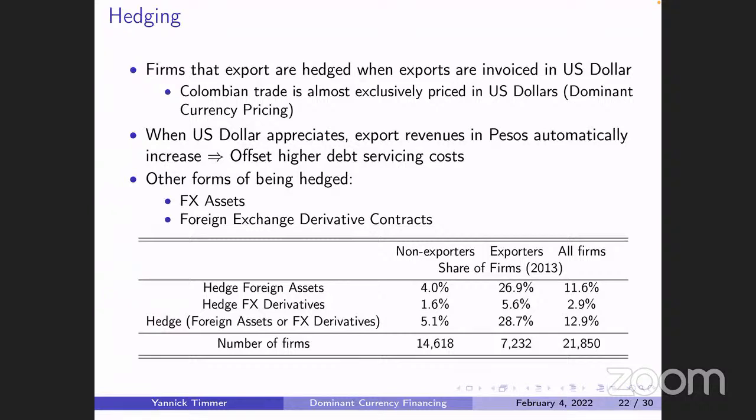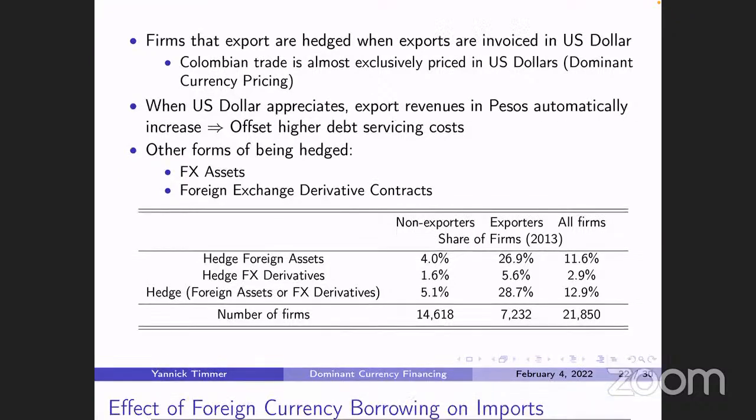For example, you see that 26% of all exporters have foreign assets, while only 4% of the non-exporters have foreign assets. When you look at the derivatives, you can see that only 1.6% of the non-exporters have FX derivatives, while 5.6% of the exporters have derivatives. So we are going to make use of this variation now to study to what extent using FX assets or using FX derivatives can also hedge against the depreciation in terms of the financial channel.